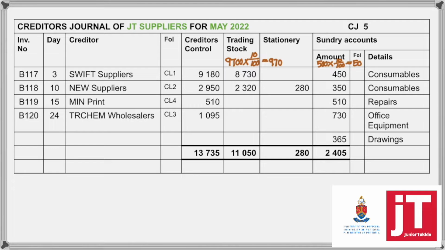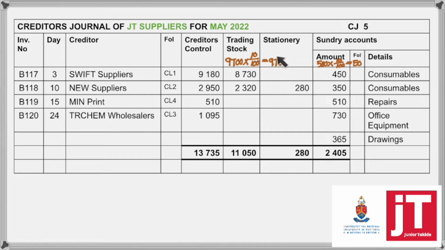Now, on day 3, we bought for 9,700 and we bought for 500 Rand. But they say both of these are subject to 10% trade discount, and that is where this calculation comes in. So the 9,700 times 10 over 100 gives you 970 Rand, the 10% discount.